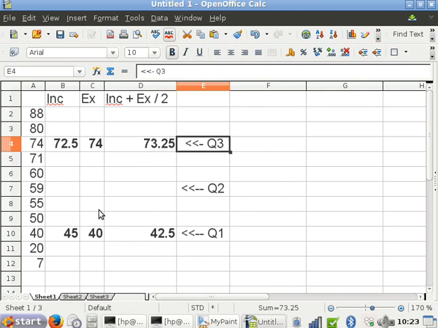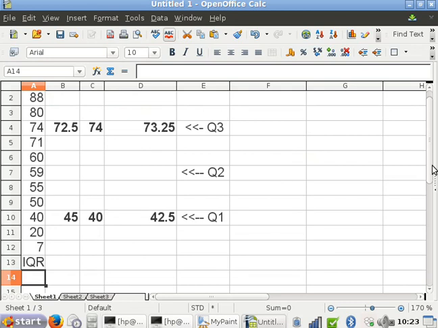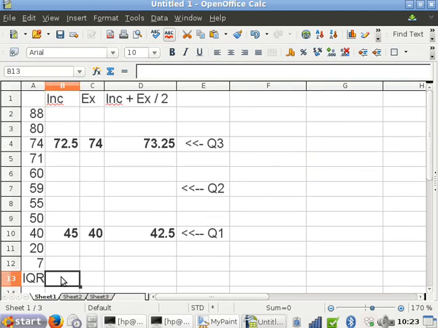Let's calculate the range and the interquartile range. So the interquartile range. You know what? I'll put it down the bottom here underneath. Interquartile range. So for the first method, the answer would be upper minus lower.